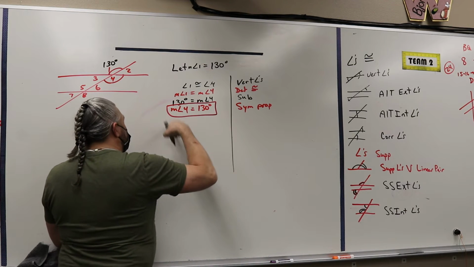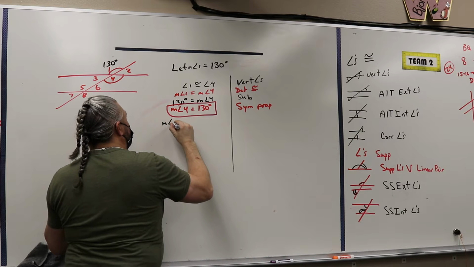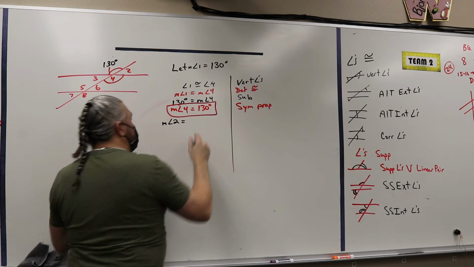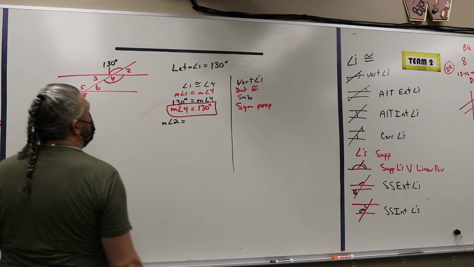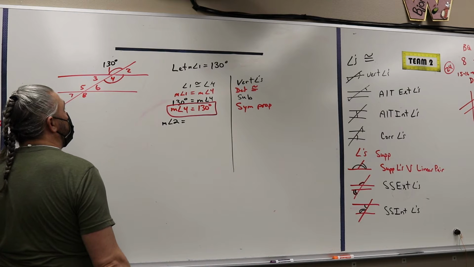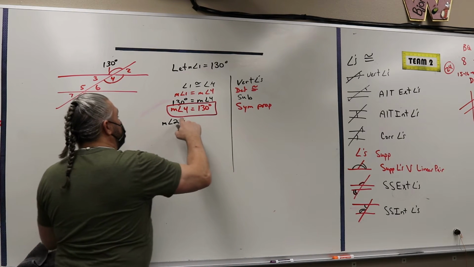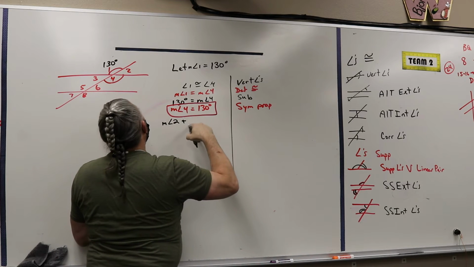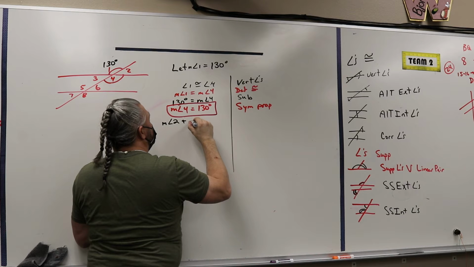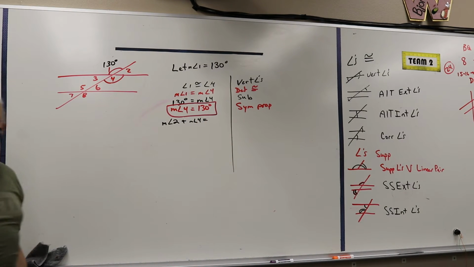So, if I want to choose 2, why don't I do the measure of angle 2 is equal to, 3. Right? And what is it equal to? Or is it 6? Do you want the angle or which? It's actually the measure of angle 2 plus the measure of angle 4 is equal to what? 180.